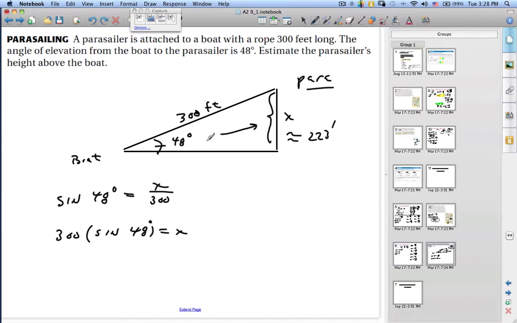Okay, so again, we're creating a scenario where we can draw out a picture that involves a right triangle, select the parts that we have, and then select the appropriate trig function for the parts that we wanted. I was looking for side opposite. I was supplied the hypotenuse. So opposite and hypotenuse would be sine.